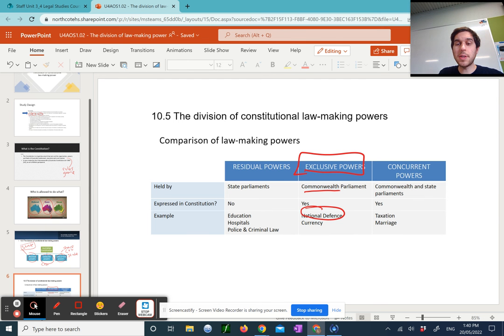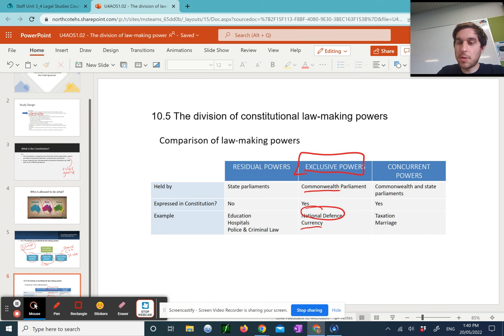And it would make sense that our national government is the only one who's allowed to make laws about national defence and the army and things like that. They're also the only government allowed to make laws about the making of currency, so our money. Because we have an Australian dollar, and it's the same dollar in Victoria as it is in Western Australia, because the national government, the Commonwealth government, is the only one allowed to make laws about making money.